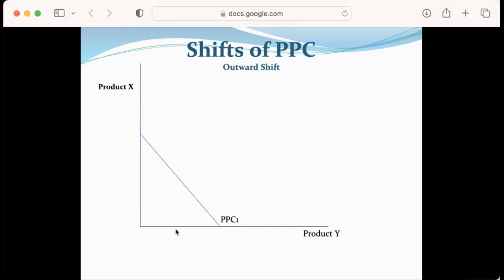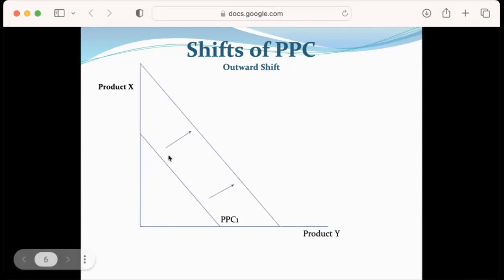So when they have crude oil reserves there, that means they have one more resource. So now the country can produce more than what they were able to produce before. That results in their ability to produce increasing, which means their production possibility curve shifts outwards. This is what we mean by an outward shift of PPC.